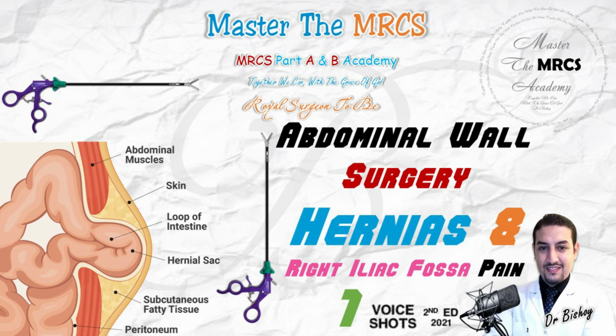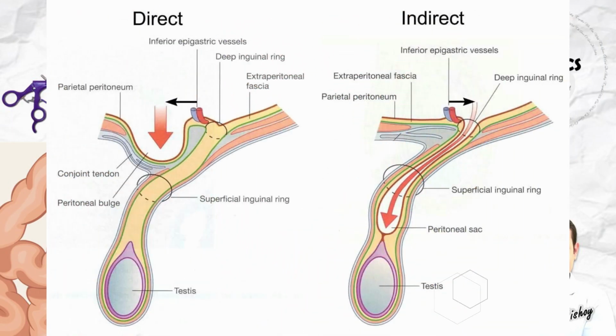In terms of incidence, this is a direct recurrent question, by the way. By mentioning indirect inguinal hernia, the indirect inguinal hernia goes from the internal ring to the external ring, while the direct inguinal hernia is directly through a defect or weakness in the anterior abdominal wall muscles.